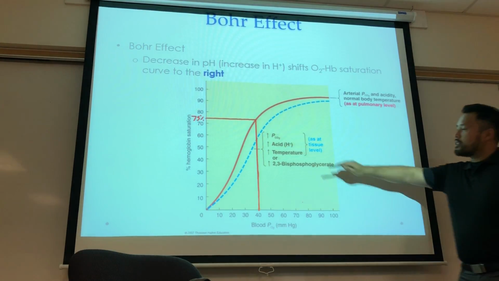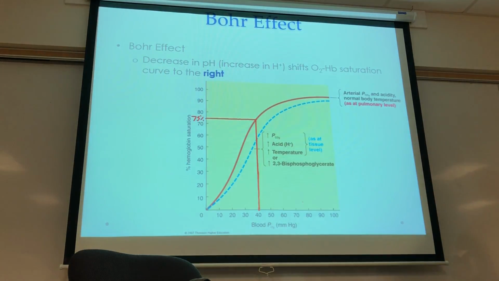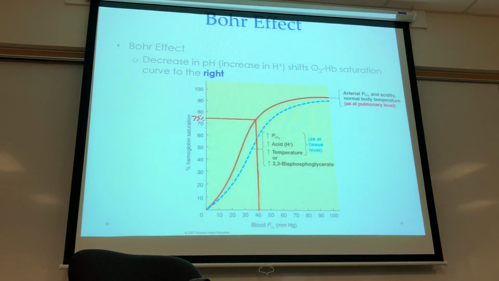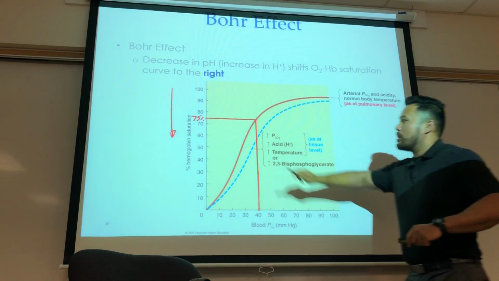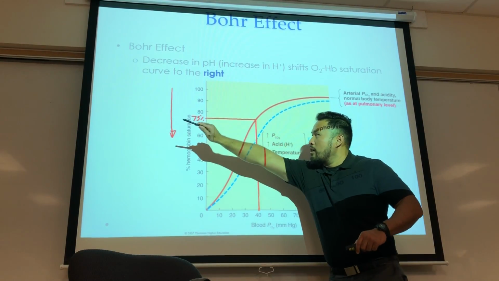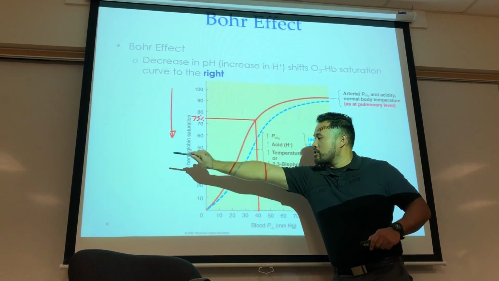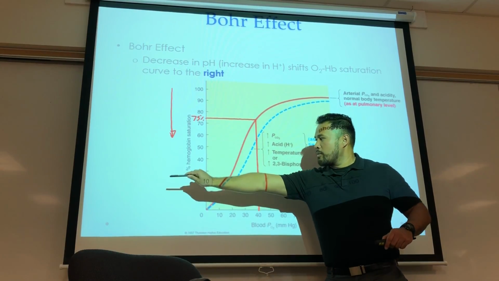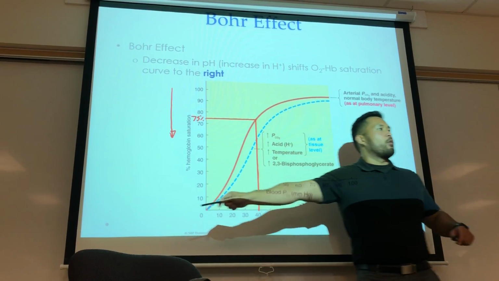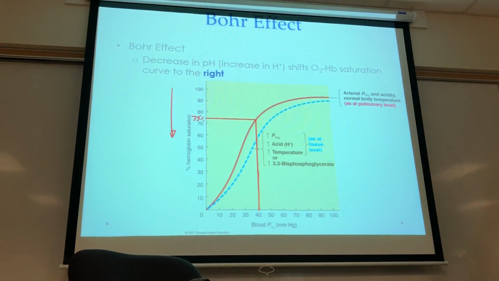Now start to increase the CO2. Well, actually, before I take that, whenever I move down the hemoglobin saturation curve, I'm going from 100 to 75 to 50 down to 25. That means our hemoglobin molecule is dumping off 1 oxygen molecule, dumping off 2 oxygen molecules, dumping off the 3rd oxygen molecule, and at 0, we're dumping off that 4th oxygen molecule. So it's safe to say that as we move down the hemoglobin saturation curve, we're getting oxygen unloading.